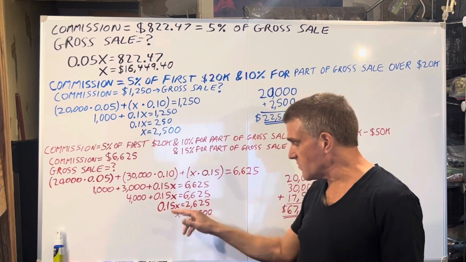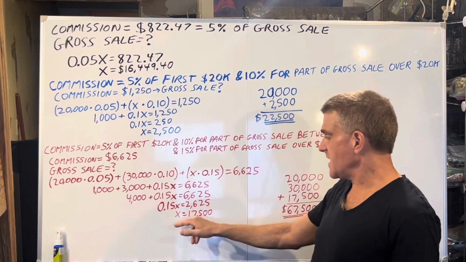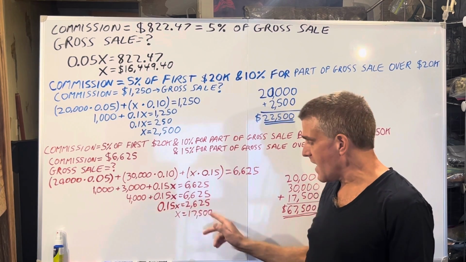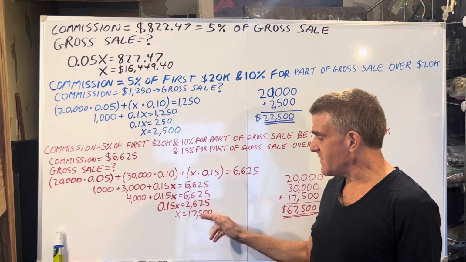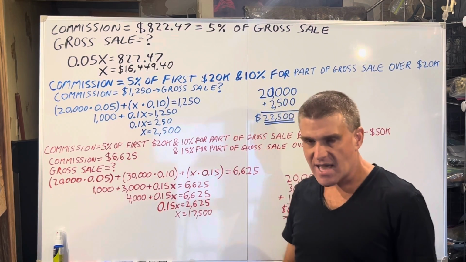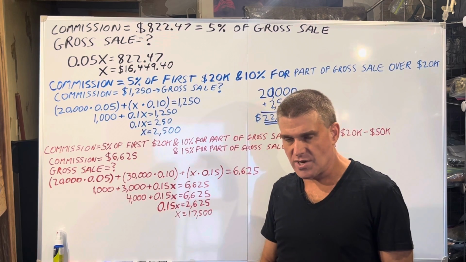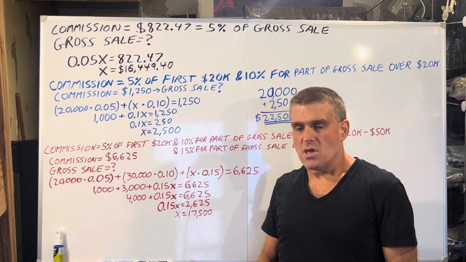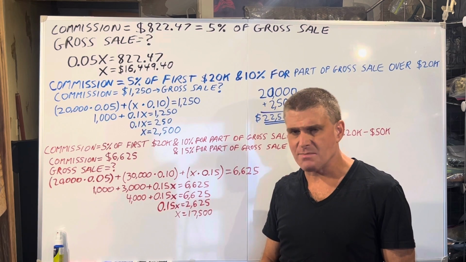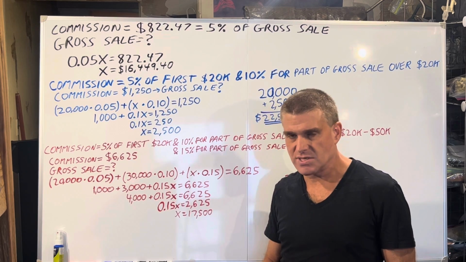Subtract 4,000 from each side, and then divide each side by 0.15, and we have 17,500. So $17,500 was given a commission of 15%, because that's the amount that was above 50,000.